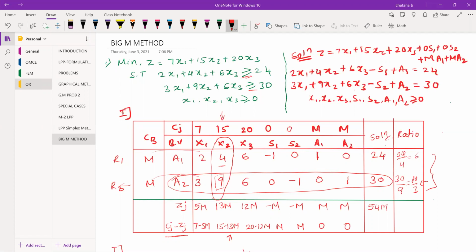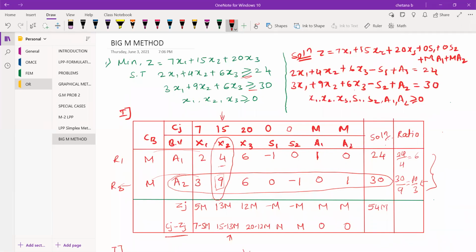In today's class, we learned the big M with minimization. Is that fine? Okay, ma'am. In the present case, instead of minimization, if it is a maximization problem, then you need to pick the most positive value to mark the key column.